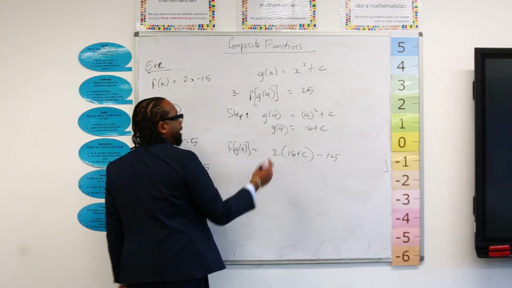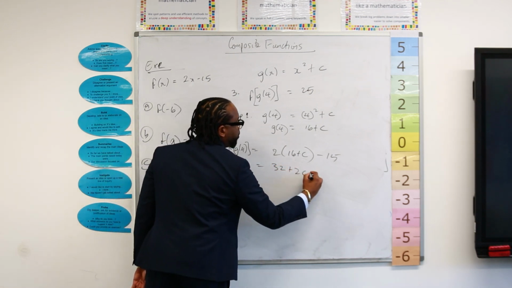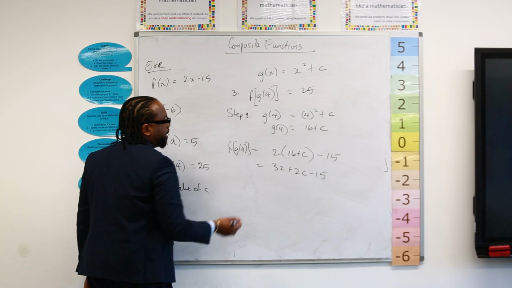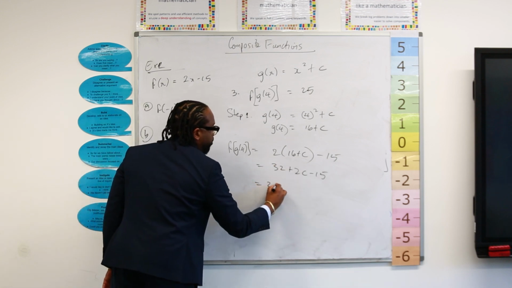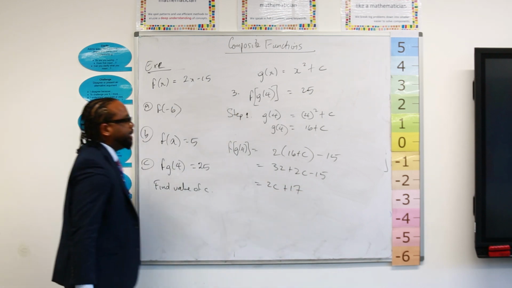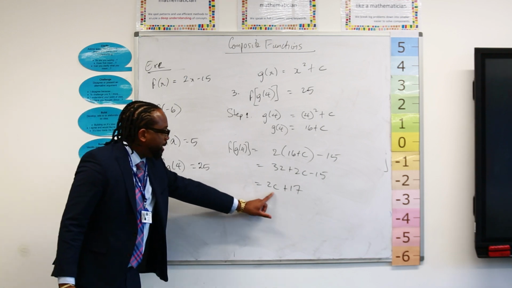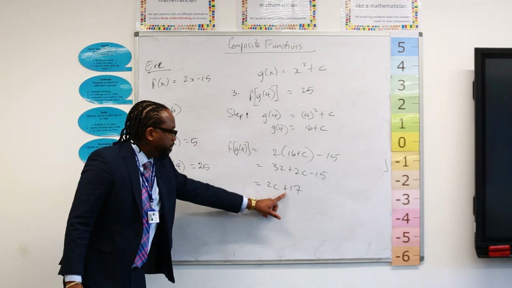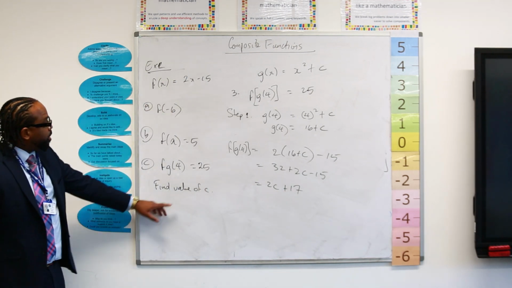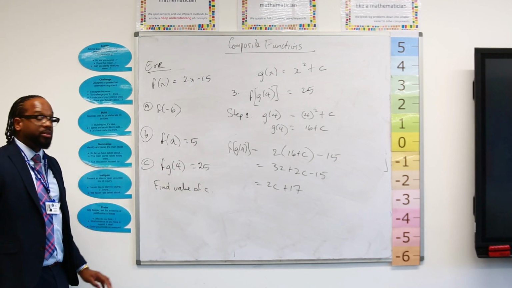So I'm going to expand and simplify. 2 times 16 is 32 plus 2c minus 15. I'm going to simplify it by saying 2c, and 32 minus 15 is positive 17. So f of g of 4 works out to be this expression 2c plus 17. Now I'm going to put that equal to 25 to determine the value of c.